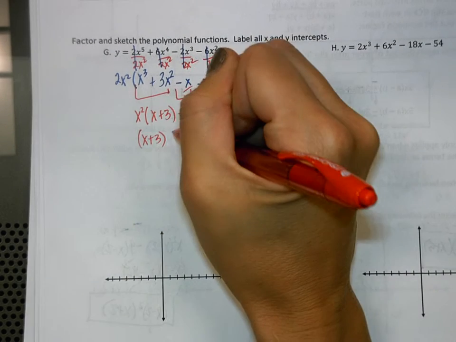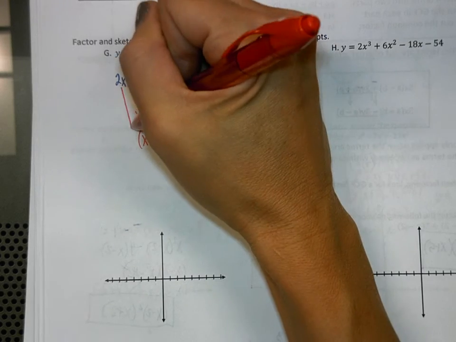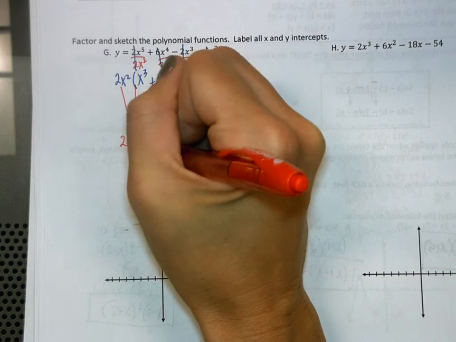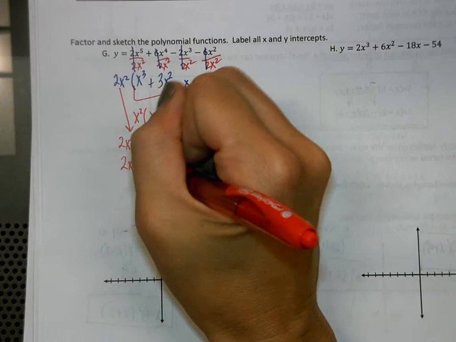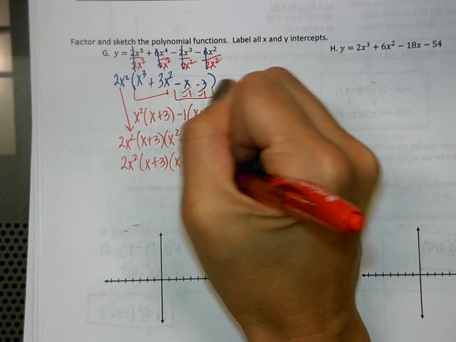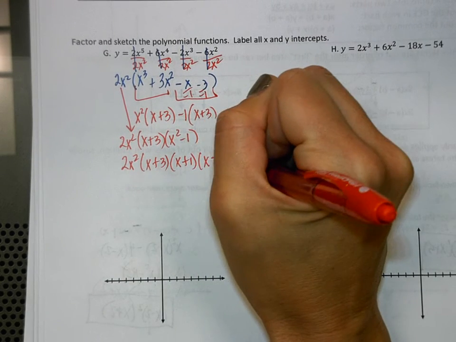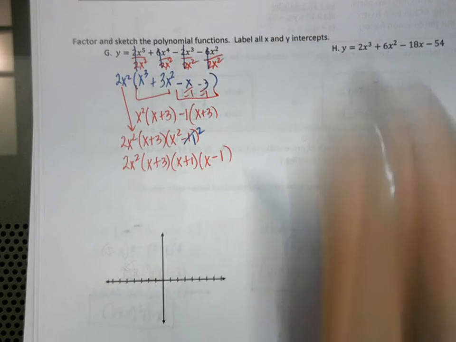I'm left with x squared minus 1, and I need to bring down my 2x squared. Okay, can any of those factor further? Yep. What? X squared minus 1. Good. So we end up with 2x squared, x plus 3, x plus 1, and x minus 1, right? Because 1 is really the same as 1 squared.